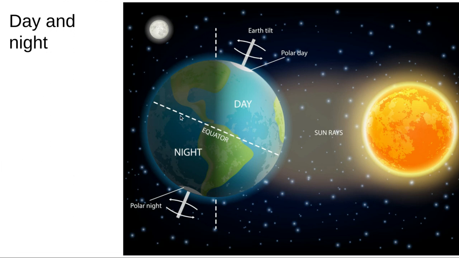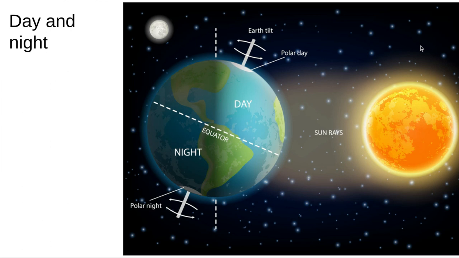And there's the equator, that imaginary line around the middle of the planet. So if you think about it, if this is spinning around as we just saw on that animation, then sometimes this bit is going to be facing where the sun is, and then as it spins around, it's going to be facing away from the sun. And that is simply what day and night is.